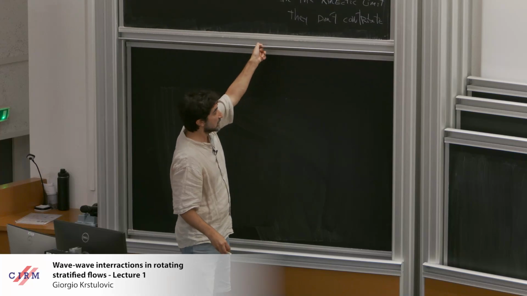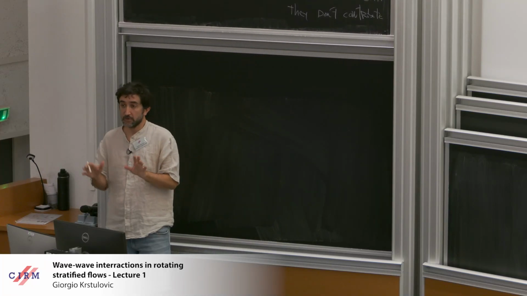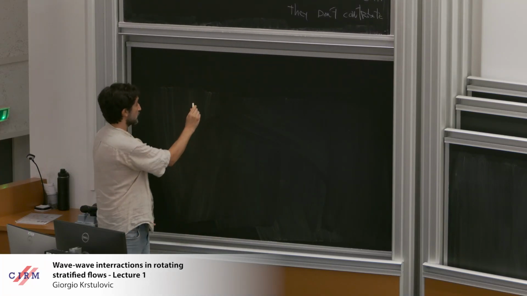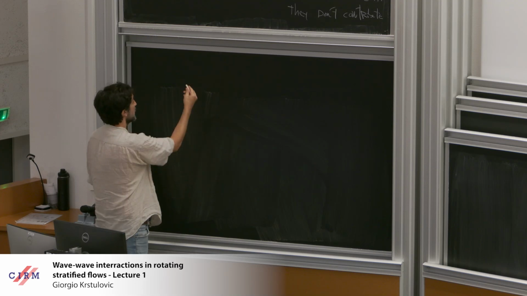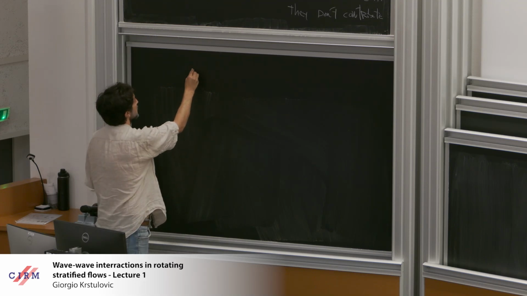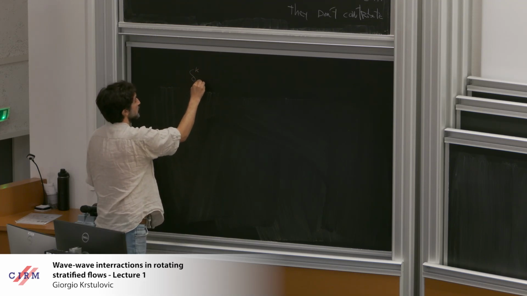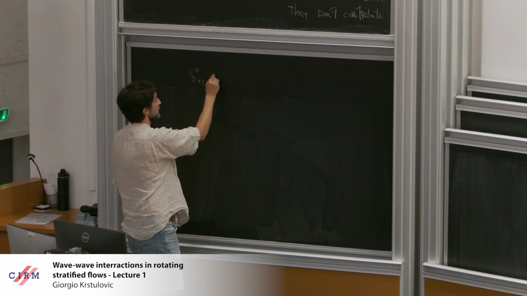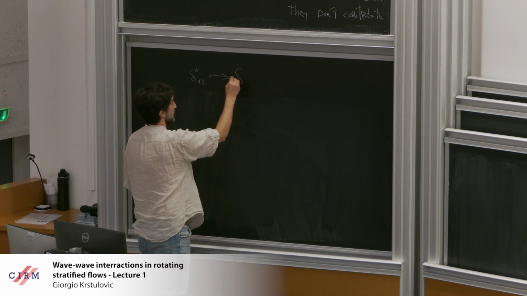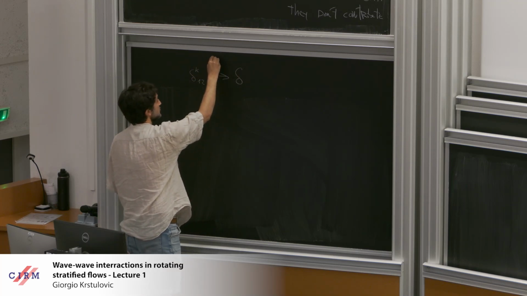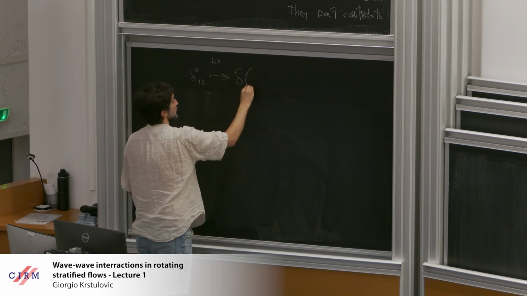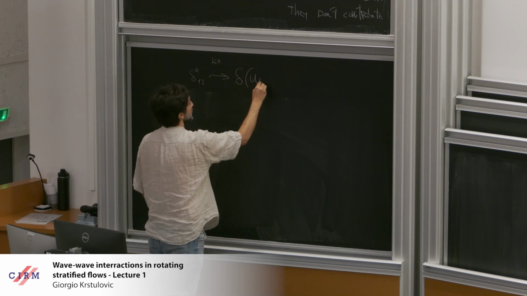The way to understand this a priori is quite easy. As you remember in the kinetic equation, I can anticipate the result. Terms like this will come with a delta in the omegas in the kinetic equation.